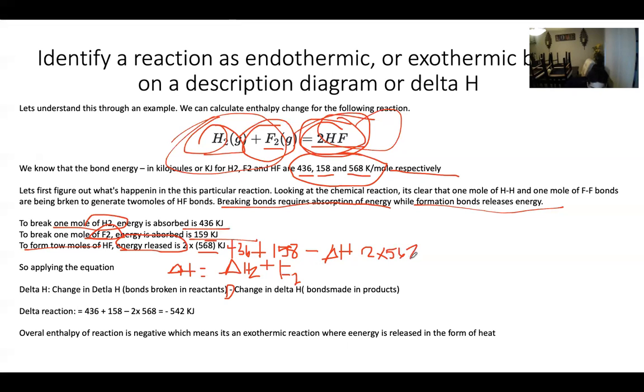When we add the reactants minus whatever we have in our products, that is going to total to negative 542.